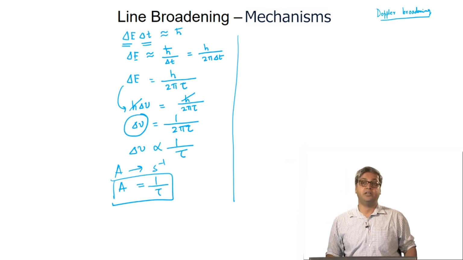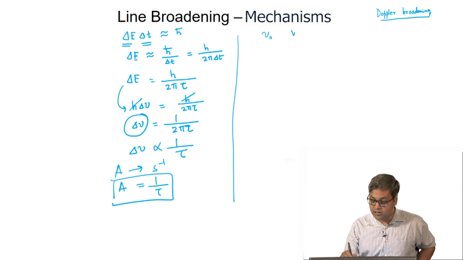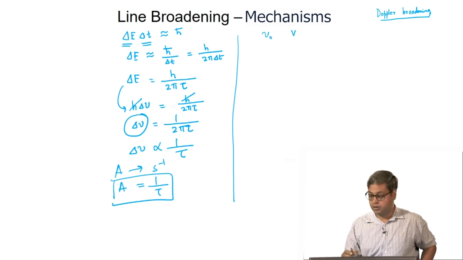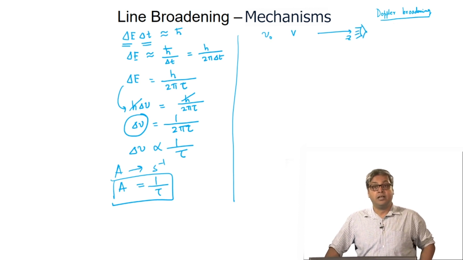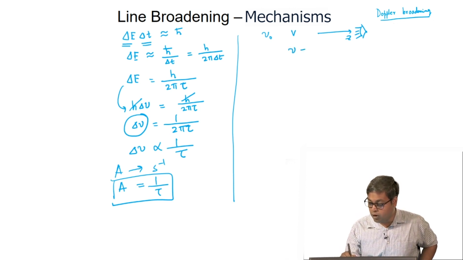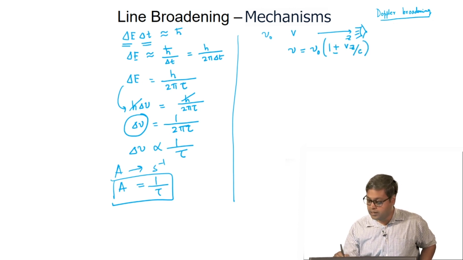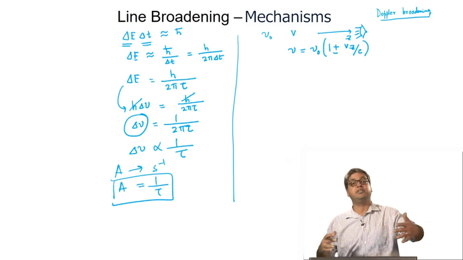When a source emitting radiation with frequency nu 0 moves with a velocity v and the observer is placed in the z direction, that is the detector is in the z direction, then the observer detects the radiation with a frequency not equal to nu naught, but nu which is equal to nu 0 times 1 plus minus V z divided by c, where this plus and minus sign is related to an approaching or a receding source.